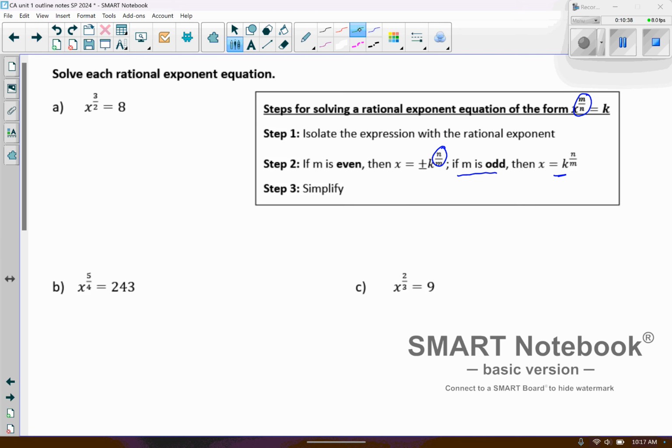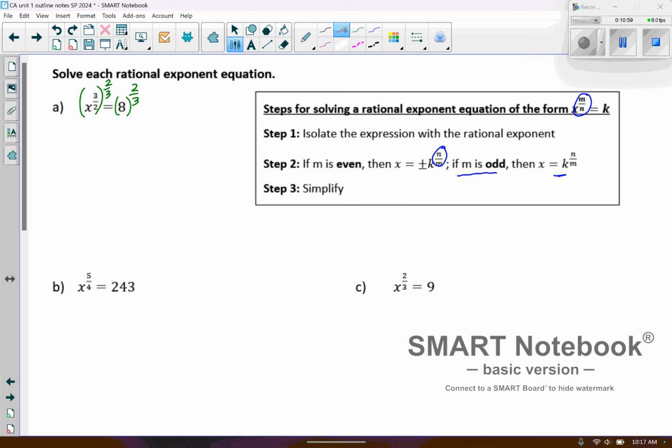So essentially what we're doing here, and I'm going to show you the shortcut first and then show you the more detailed way of looking at this. But what's going on here is you're going to raise both sides to the reciprocal here. So this is going to be to the 2/3, and this is going to be to the 2/3, right?